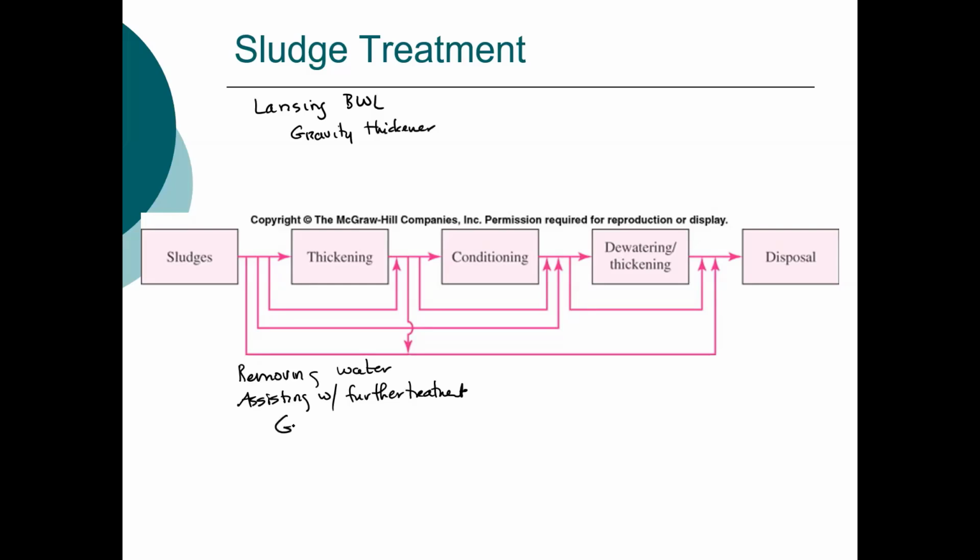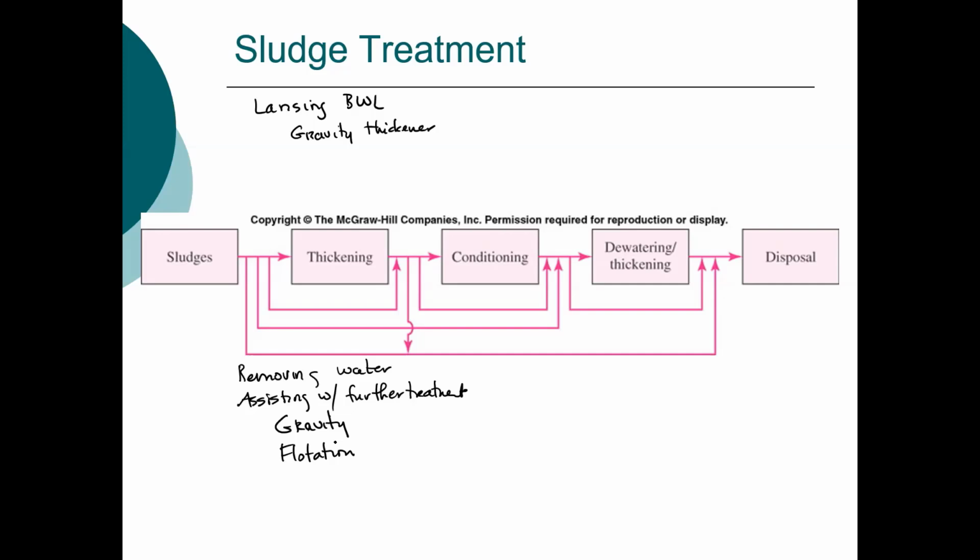So this is typically gravity or flotation. So if the sludge is very light, so for instance, with an activated sludge, so the waste activated sludge, predominantly microorganisms, those microorganisms are less dense than water. They float really well.